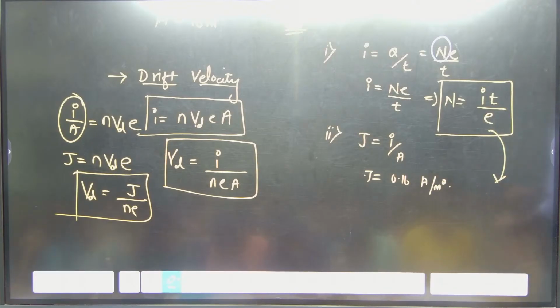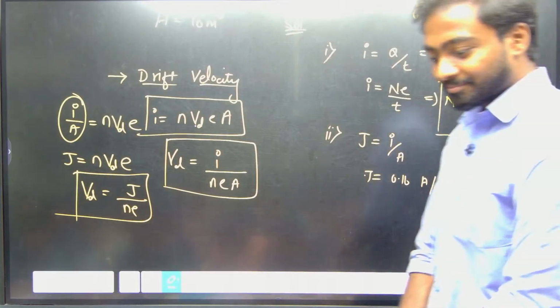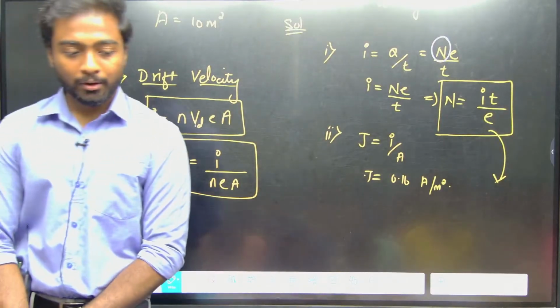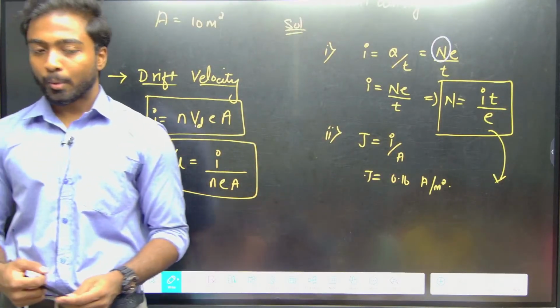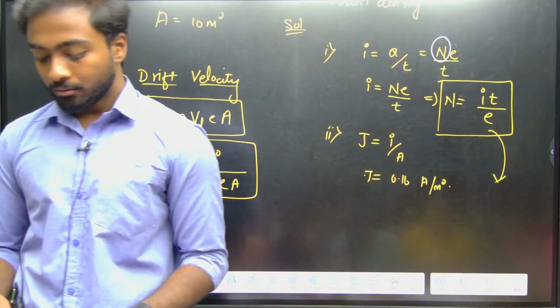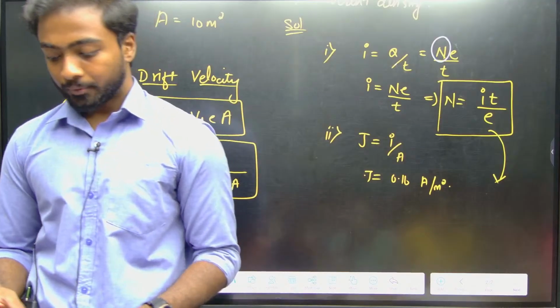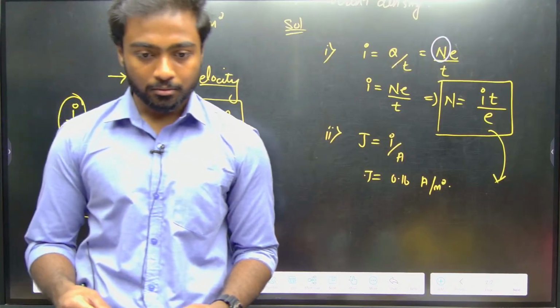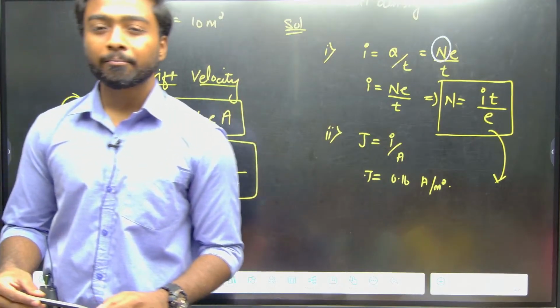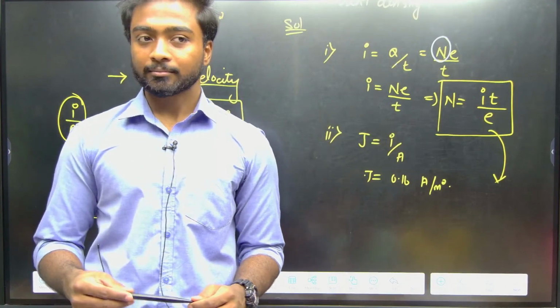Three divided by 8.5 into 10 power 28 into 1.6 into 10 power minus 19 into 10 power minus 6.